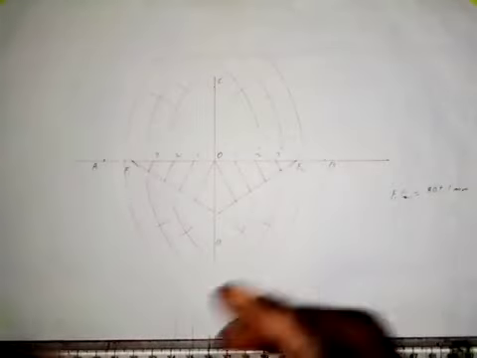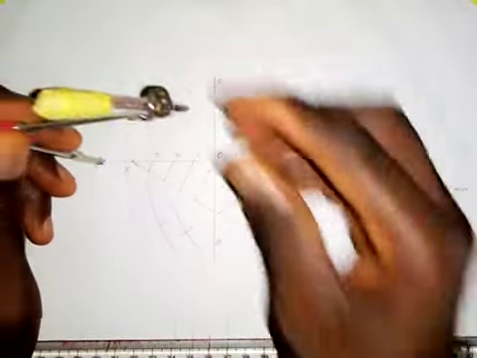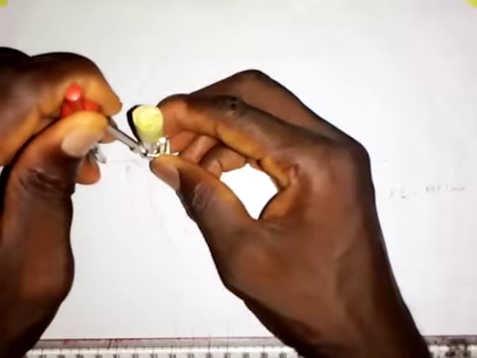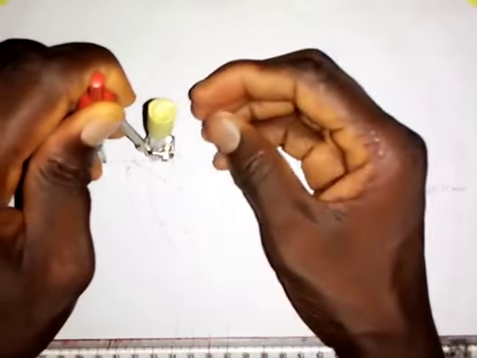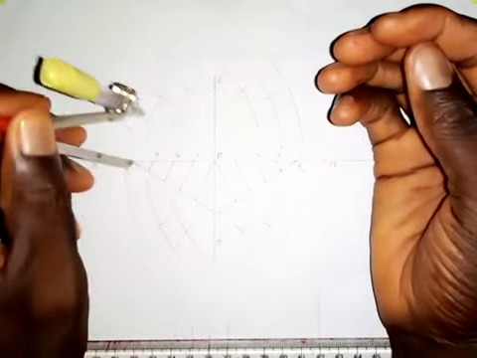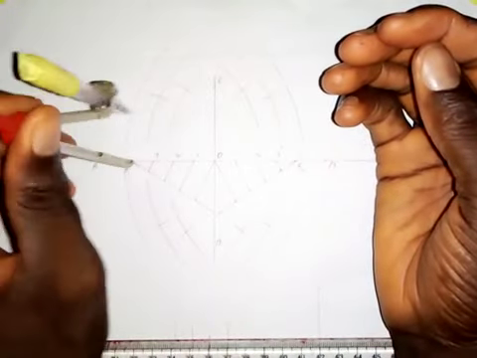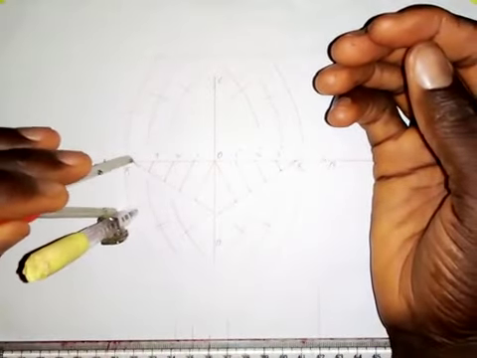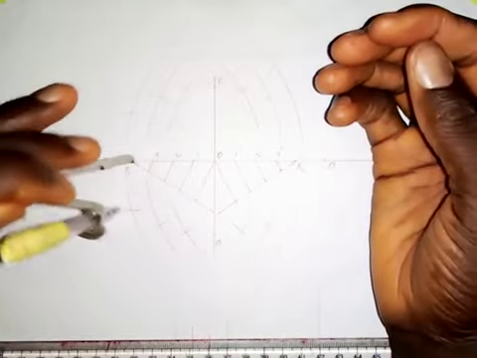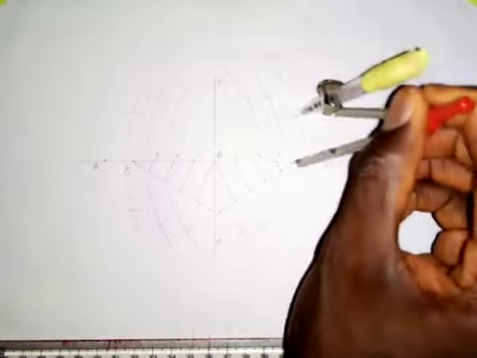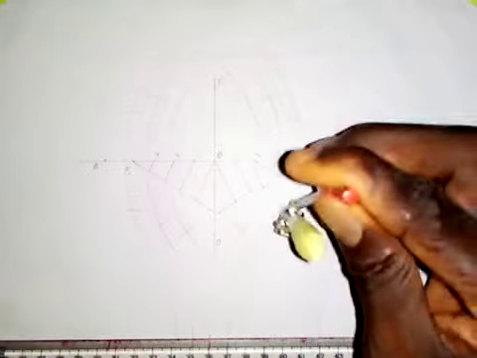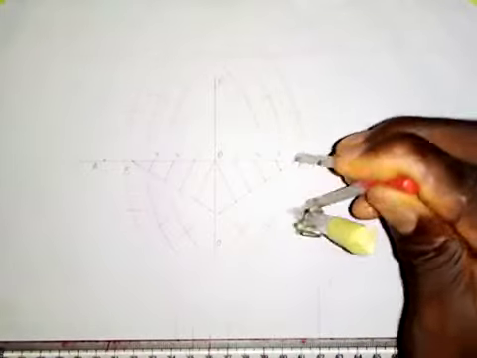Alright, the next is from A to 3. Then I put it at F1 here, make an arc here and make an arc here. Then I'll put it at F2 here, make an arc here, and also make an arc here.